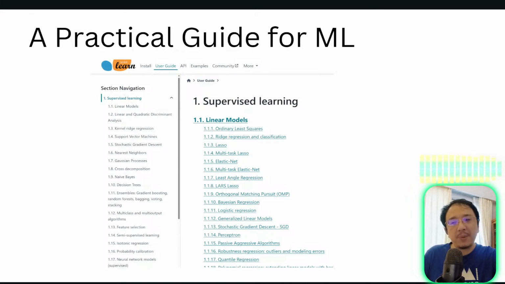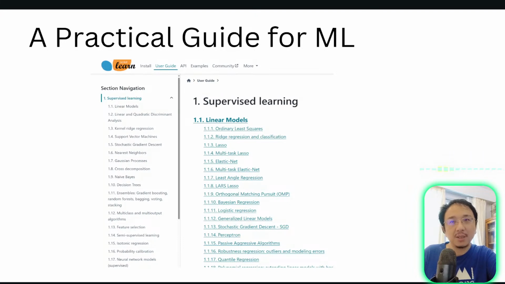Like pandas, matplotlib, and numpy, Scikit-learn also has very good documentation. The documentation that I recommend is the user guide.